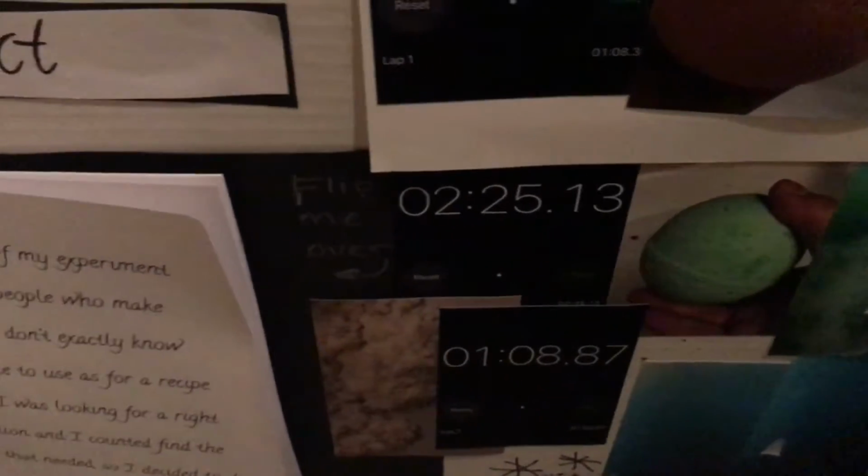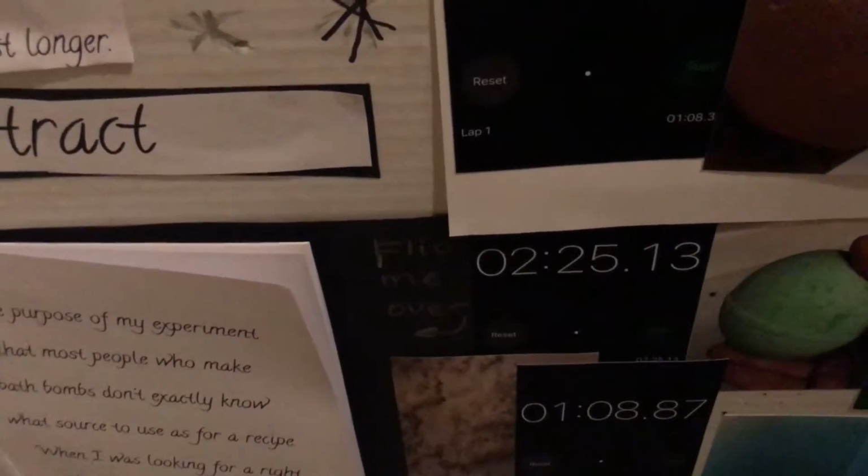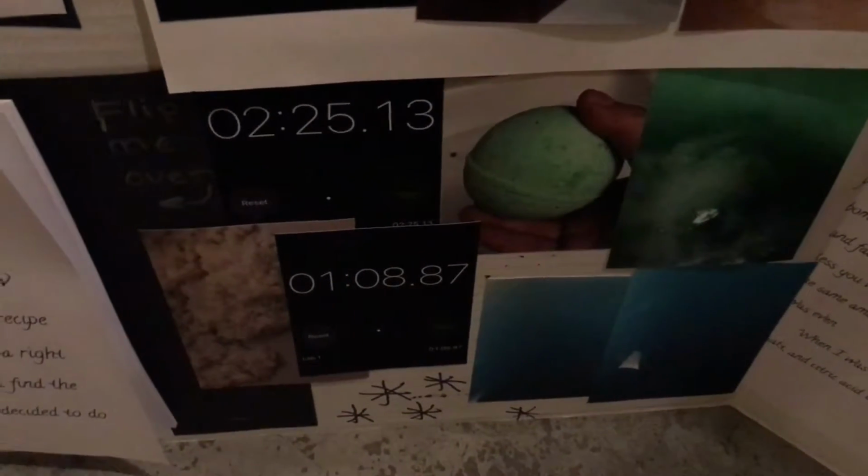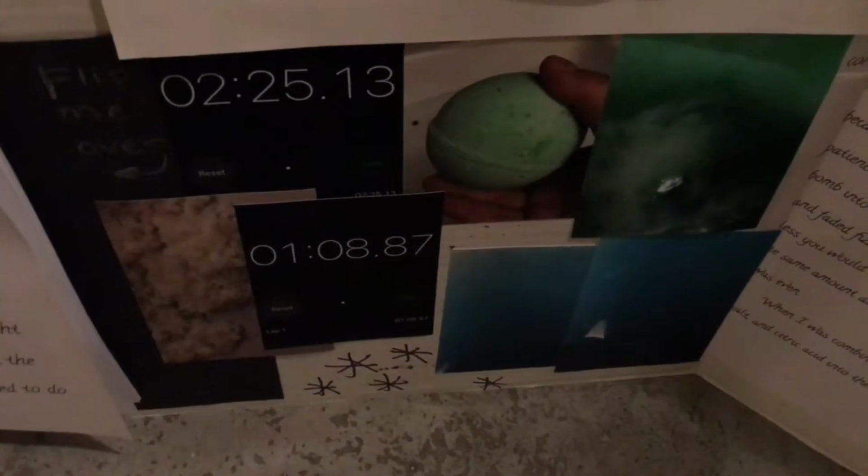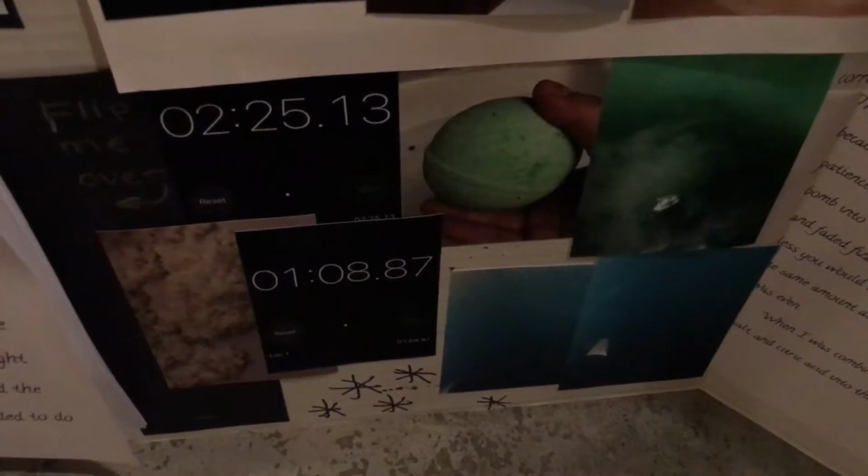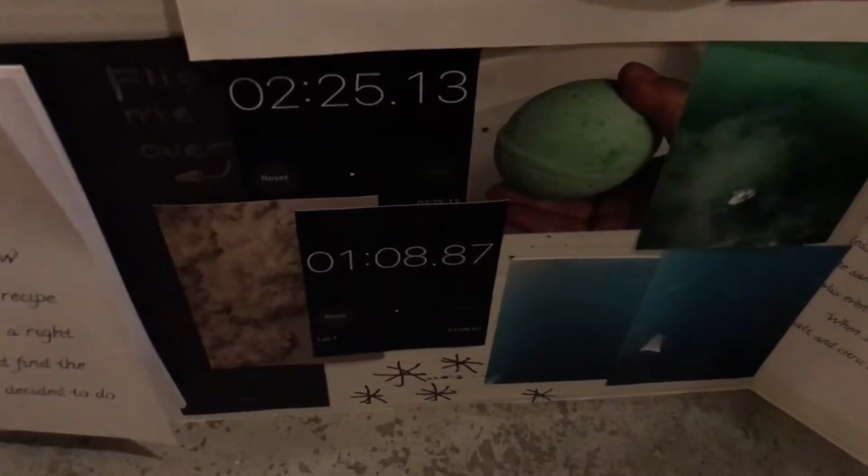And then the last one, the white one over here, had 80 ml, which was sort of in between. And the blue one is 60 ml, and that was it. There were 5 trials.